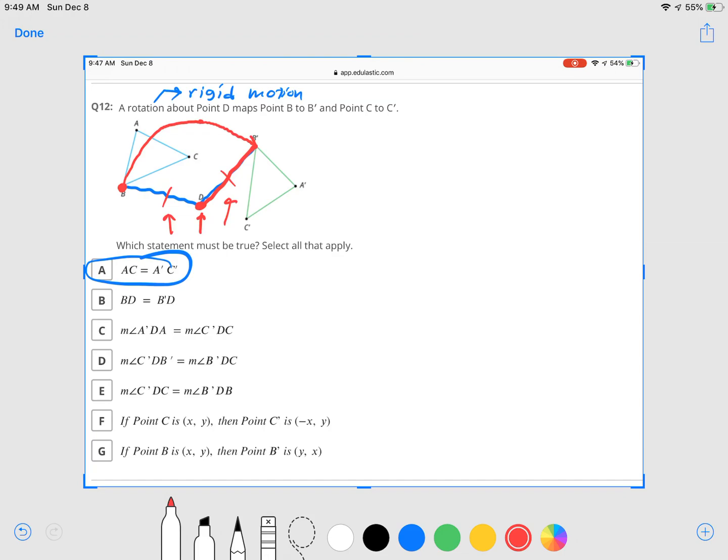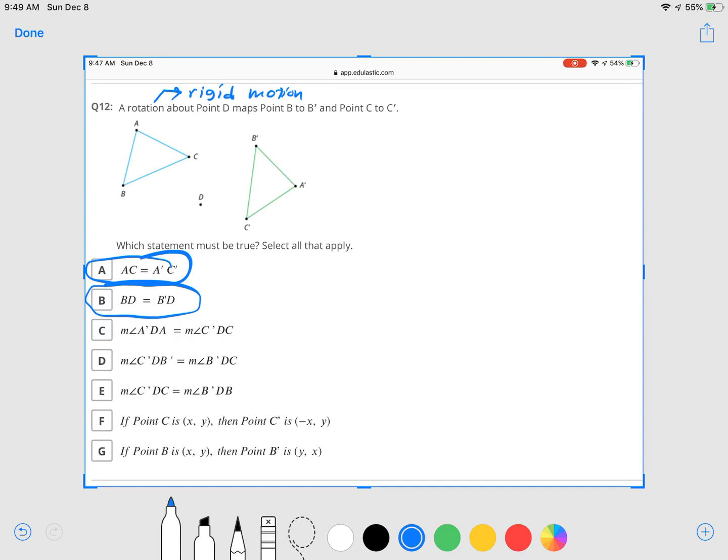Any radius that you draw in a circle is going to be the same as any other radius that you draw. So, yes, these two line segments are congruent to each other. The point B stays the same distance away from D as it rotates around.